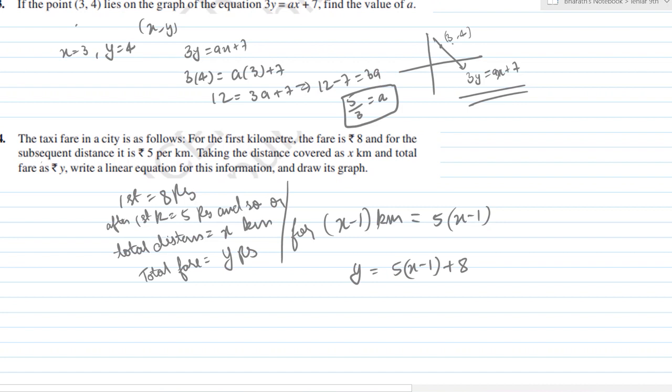Cost for each kilometer is 5 rupees into distance minus 1 kilometer, and this is the first kilometer fare, right?